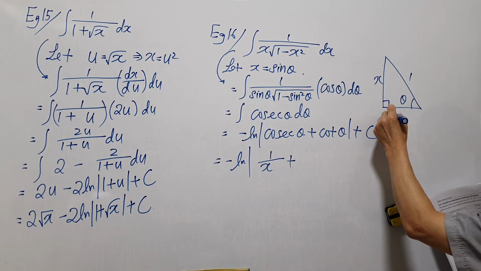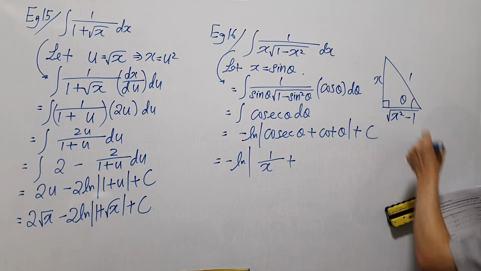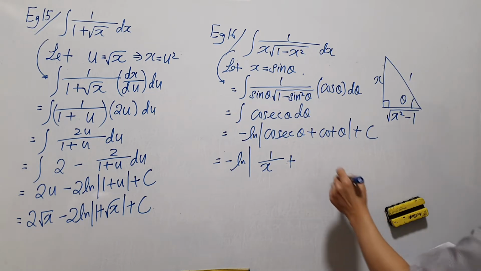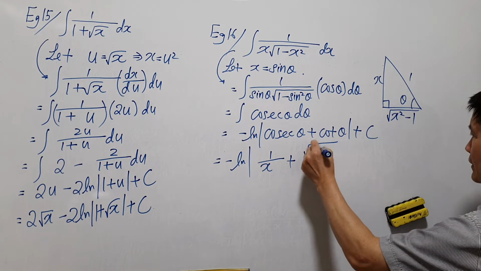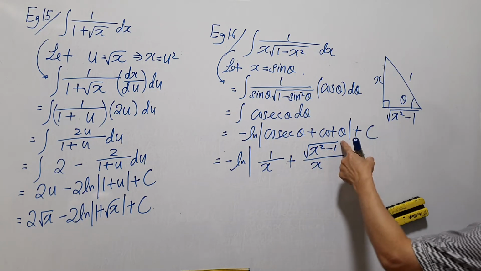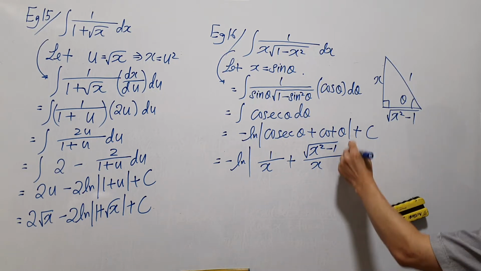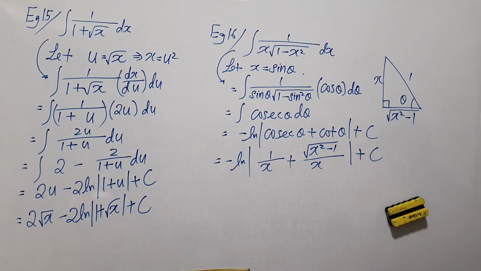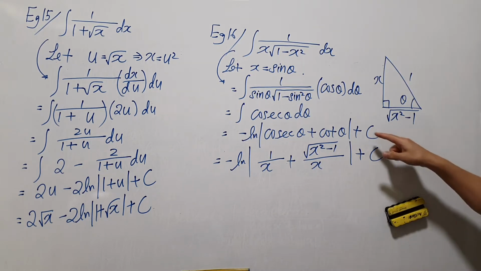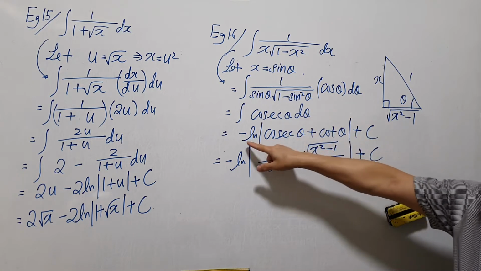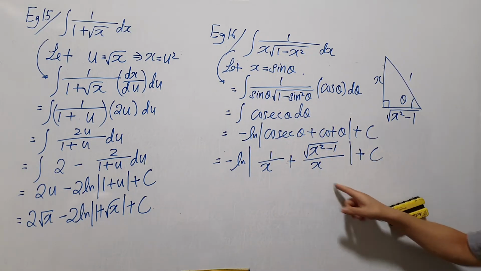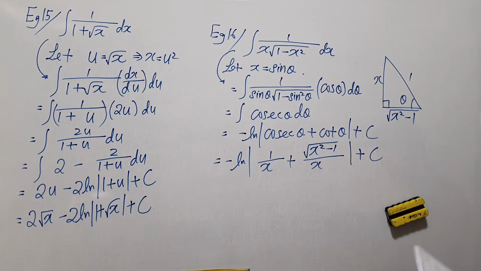So this length here will be square root of x squared minus 1. So cotangent will be equal to square root of x squared minus 1 over x, plus c. So this is what you're going to have for this question. Using the known integration formula for cosecant, I get this line, and then I just replace, and I'm done really. And that's example 16.